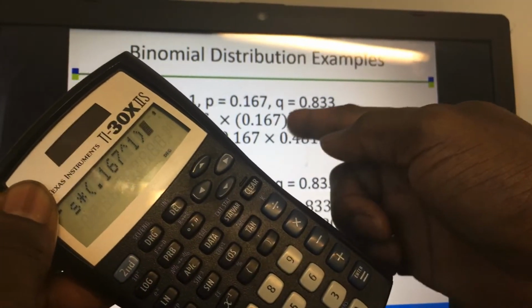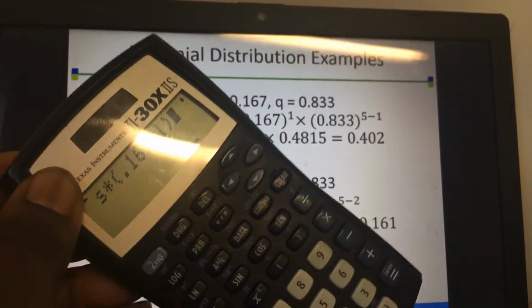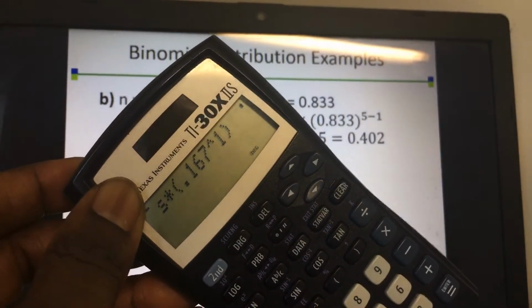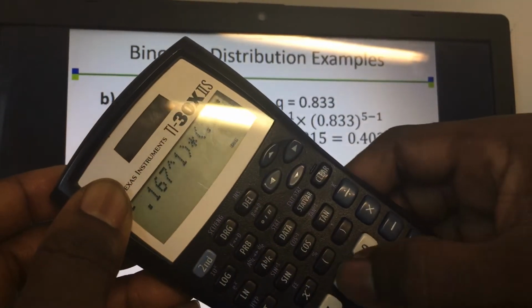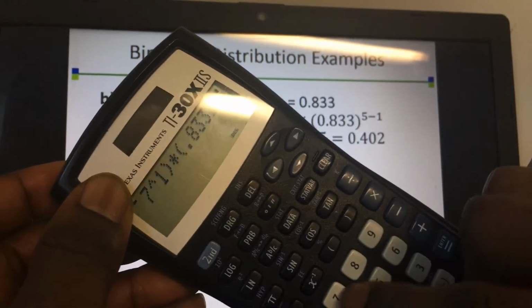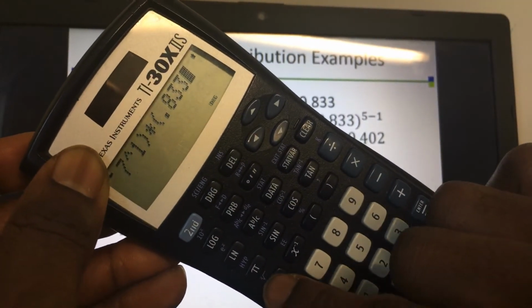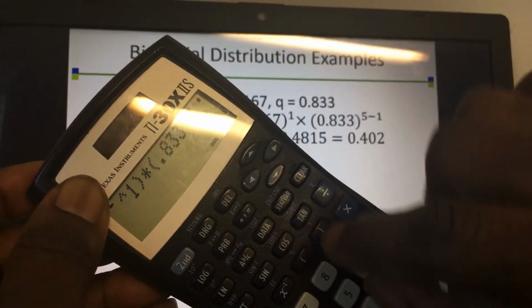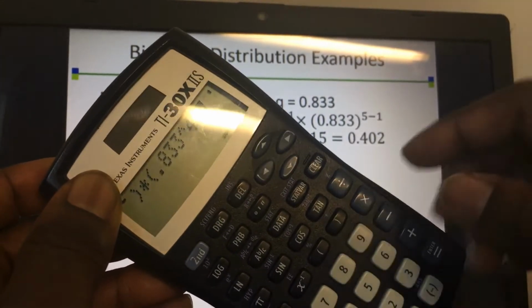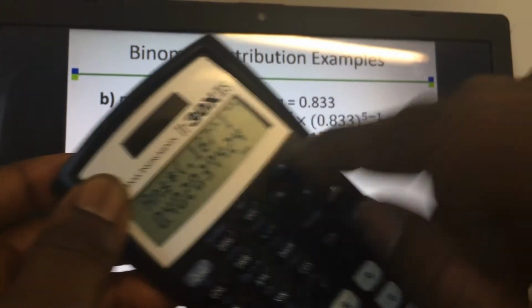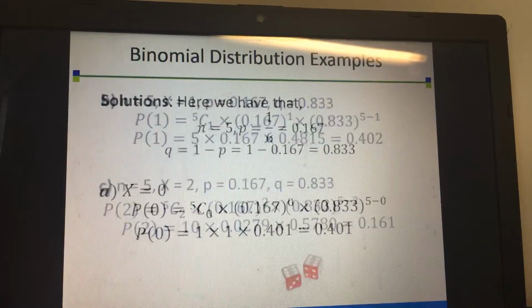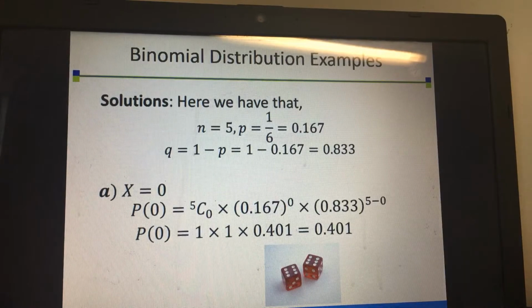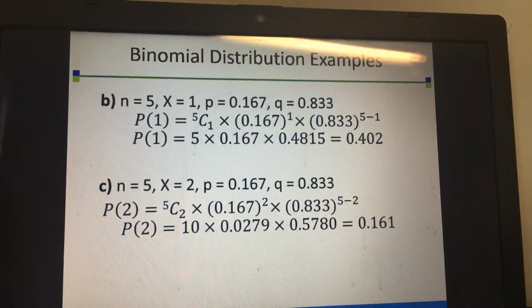We know that it will be the same anyway, but I just put it to show you how to put it on the calculator. Times 0.833 raised to the power 5 minus 1, which is 4. That gave me the answer right away: 0.402. See? This is just a coincidence that this one is 401 and this one is 402.